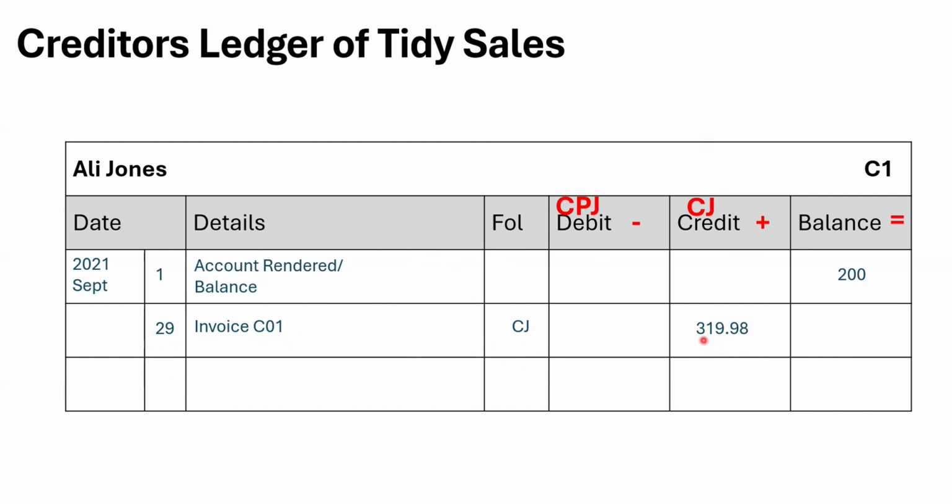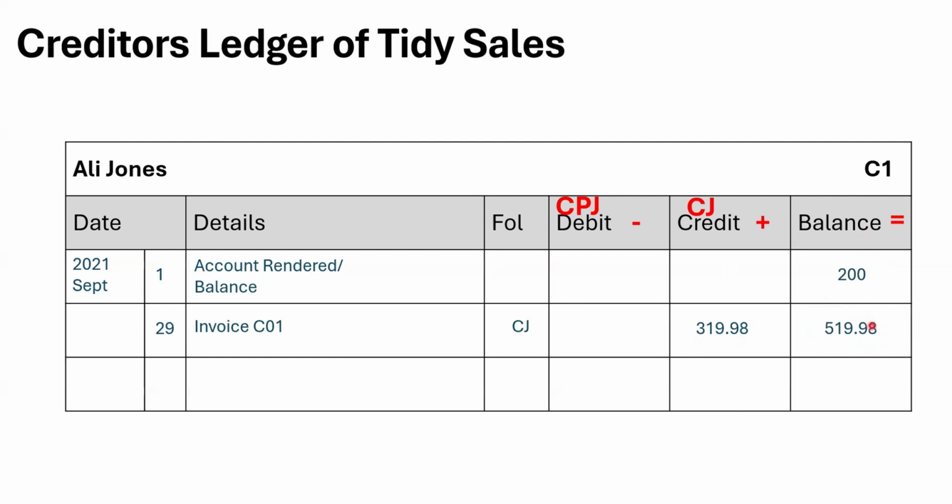Now your balance, you will use that previous balance, 200 plus 319 and 98 cents. My new balance is 519 and 98 cents. How did I get that? I took the 200 plus the 319 and 98 cents to get my new balance of 519 and 98 cents.